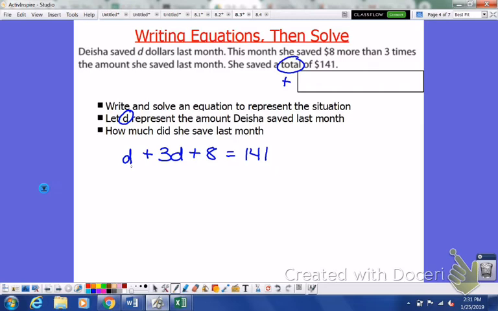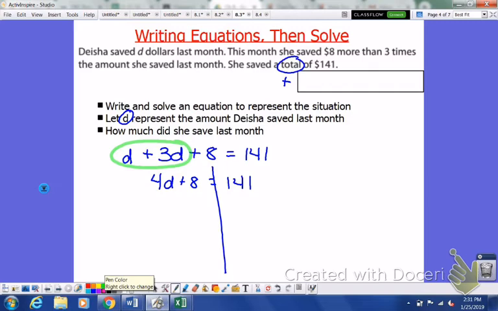Now we want to actually solve it this time, so check over here. We have a D and a 3D. We want to combine like terms first, just like last chapter. So D plus 3D gives us 4D plus 8 equals 141. Now we can drop our line down and jump into our inverse operations. So instead of adding 8, inverse would be subtract 8 from both sides. So 4D equals 141 minus 8, which is 133.